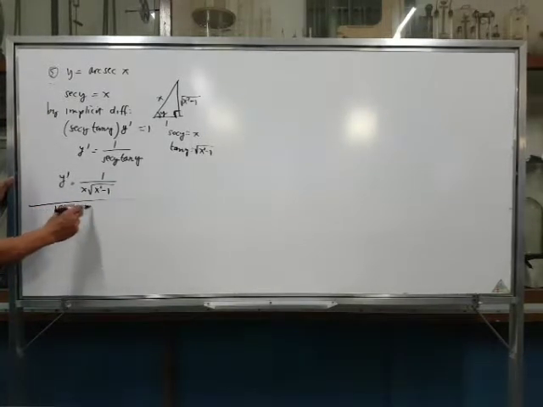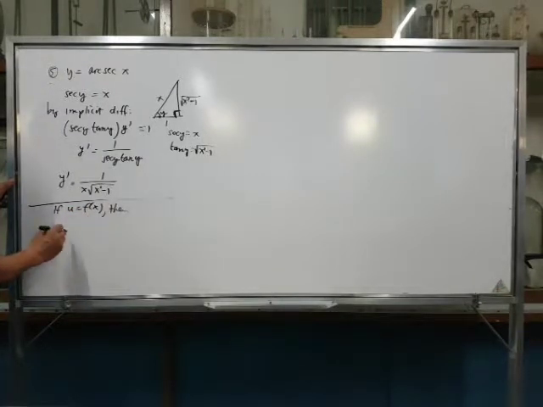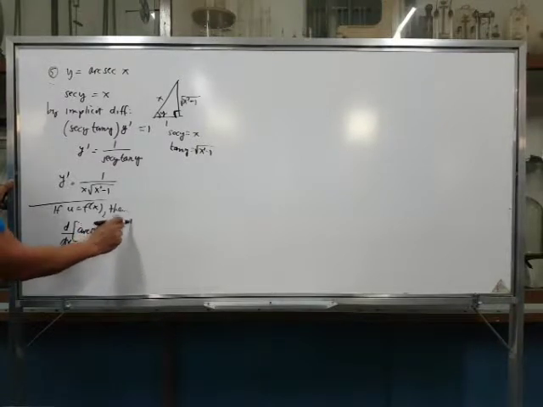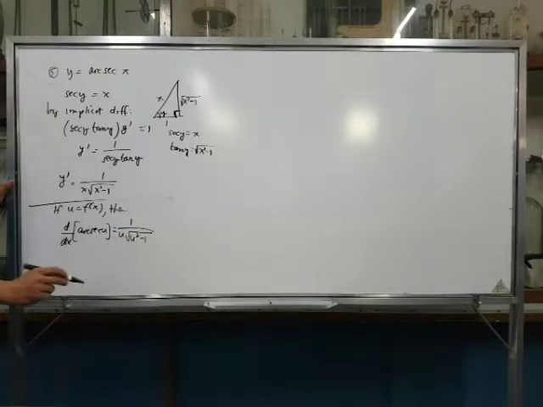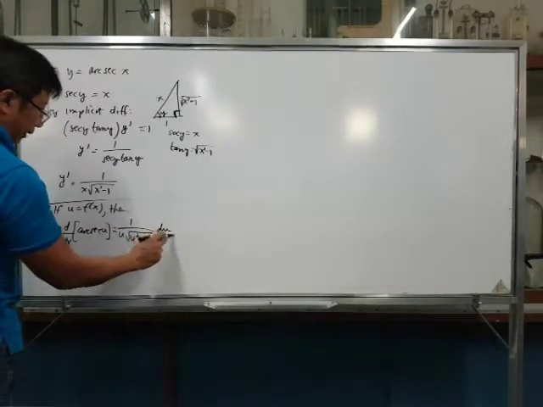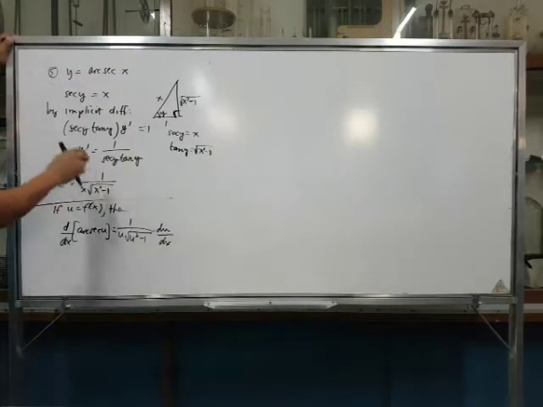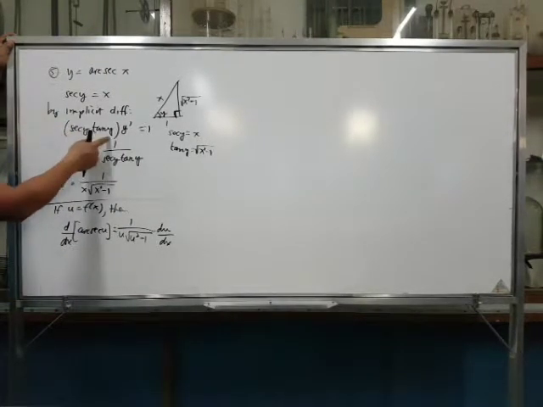And again, if u is a function of x, by chain rule we can see that the derivative of arc secant u is 1 over u square root of u squared minus 1, and then don't forget to multiply this by du dx. And finally, if this is arc cosecant x, this will be cosecant y, and this will be negative cosecant y cotangent y.